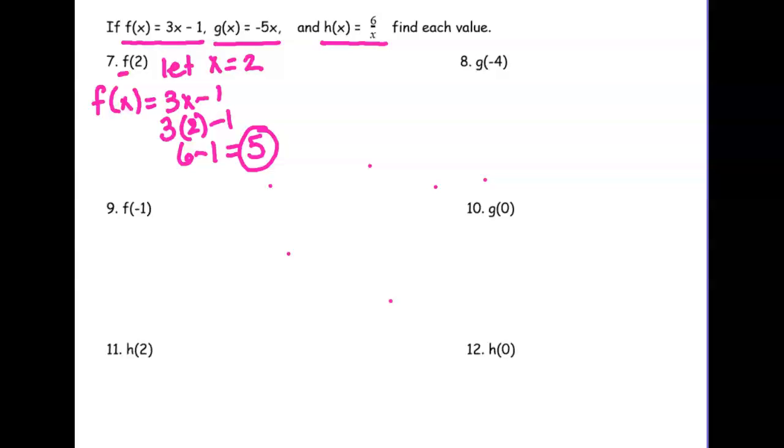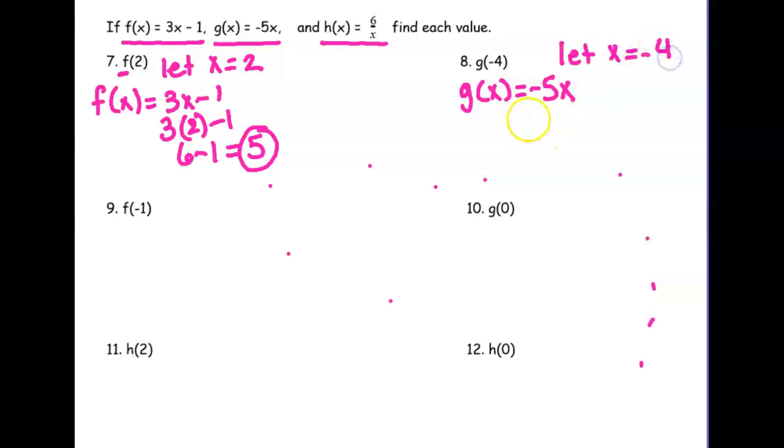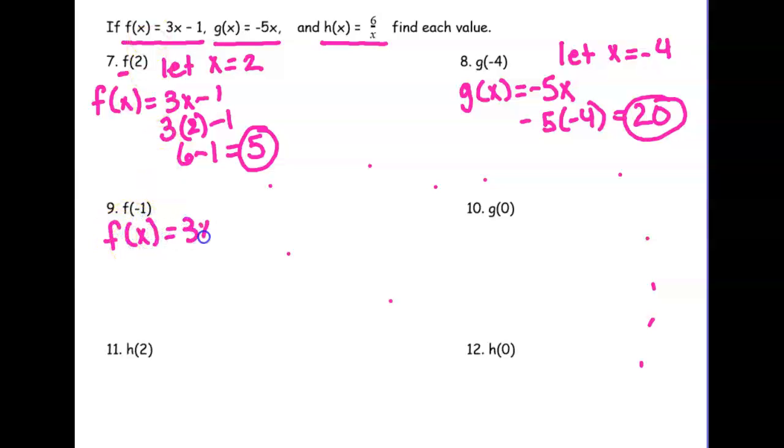If I wanted to find g of negative 4, I look at my g function, where g of x is equal to negative 5x. We let x be equal to negative 4, and this becomes negative 5 times negative 4, which is equal to 20. Number 9, we're looking at f of negative 1, so we go back to the f of x function, 3x minus 1.